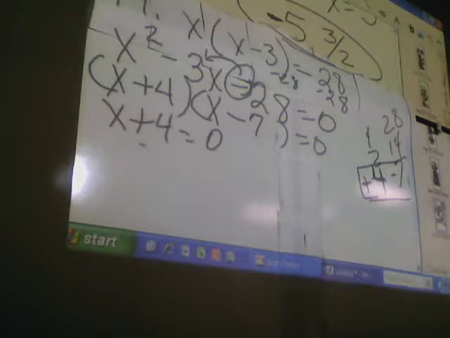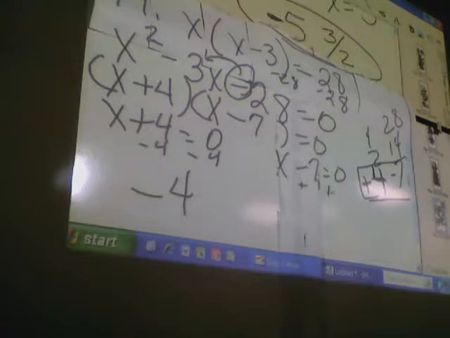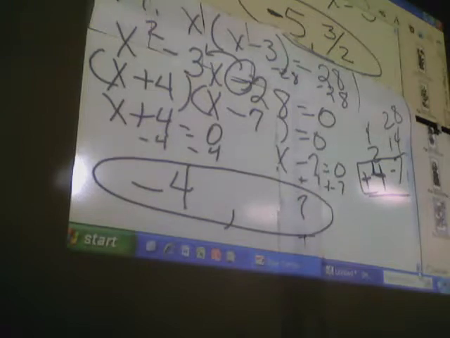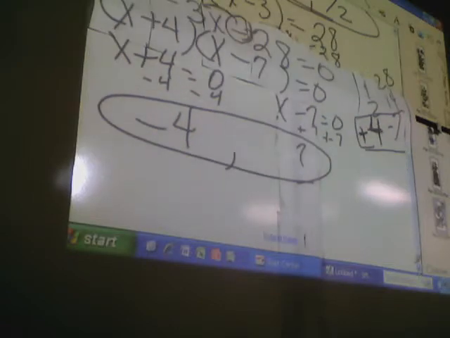Comes out to what answer? Negative 4. X minus 7 equals 0. So it's a positive 7. So that's our 2 answers. You don't have to write the positive sign. Okay. And number 25.